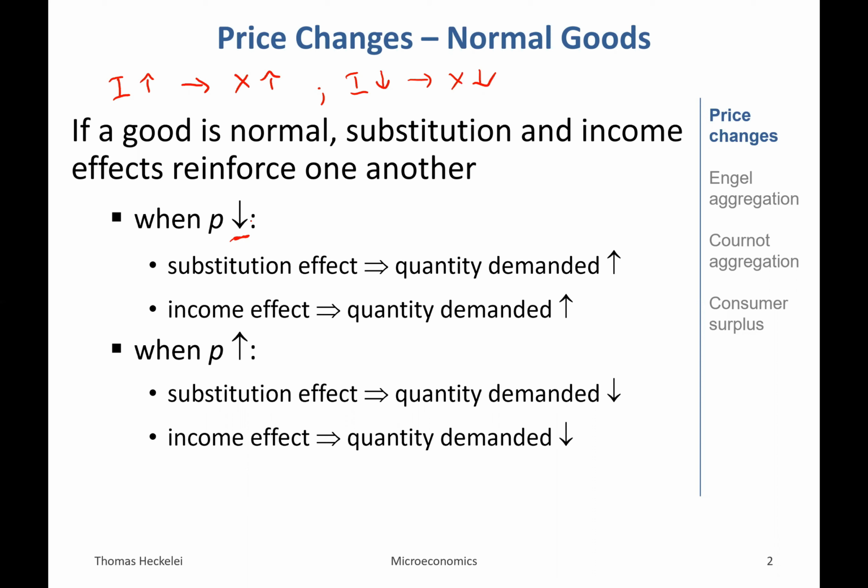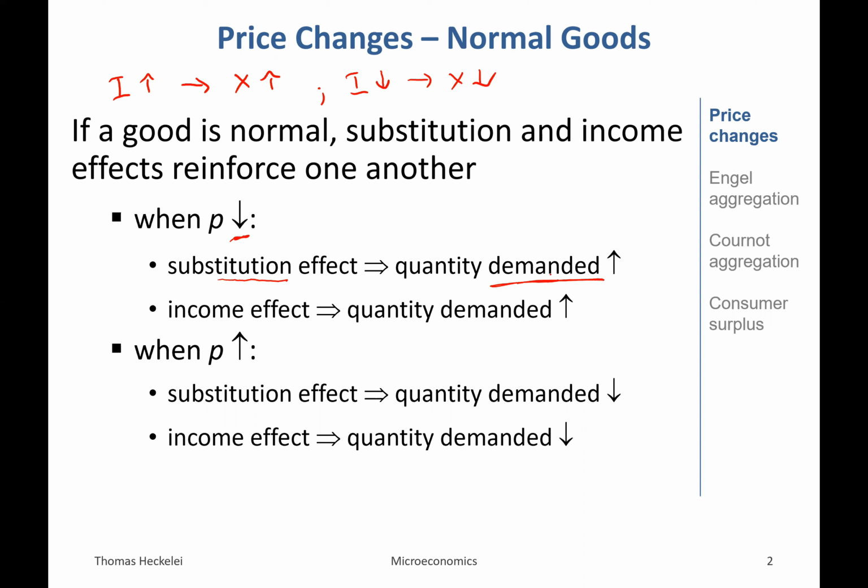Okay, so let's see what happens when we have a price decrease with normal goods. We look at the substitution effect and then the income effect, one after the other. Substitution effect means when it gets cheaper, you consume it more, relative to the other goods. So you prefer it over the others when its price decreases.